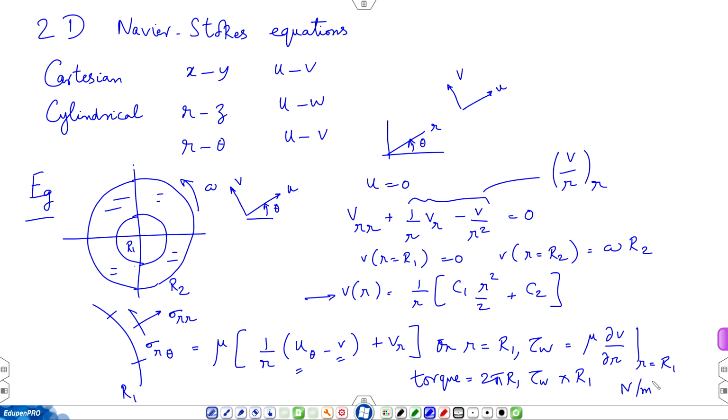So, you measure torque, and through torque you can see that this tau wall depends on mu. So, you can find mu. So, this is a method of finding viscosity in many contexts, and it works well.